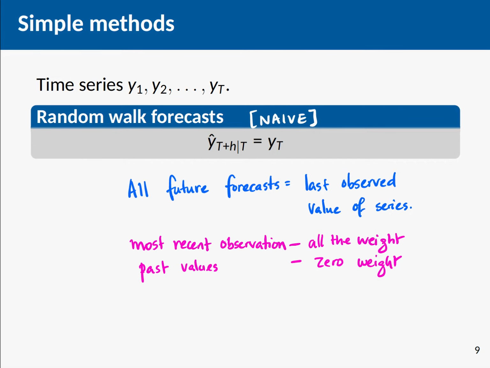Now, the simple methods. Think about a time series Y, where you could have something like a naive model, which you're familiar with, where all future forecasts given the information set at time t, here on the left side, we have y hat t plus h being our forecast horizon, equal the last observed value of the time series.